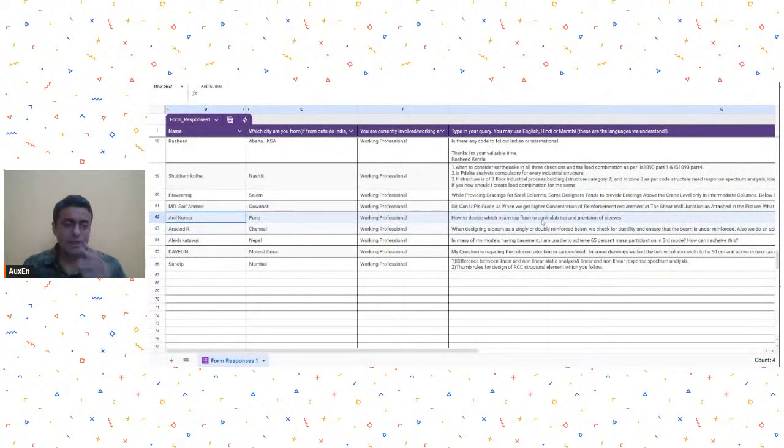Mr. Anil Kumar from Pune, he is a working professional. He is asking how to decide which beam top is flush to the sunk slab top, and provision of sleeves. So we had discussed a lot of things about the sleeves in the last session of this Ask AuxEn Anything, how to decide the position of sleeves, and we had spent some 10-12 minutes discussing sleeves.